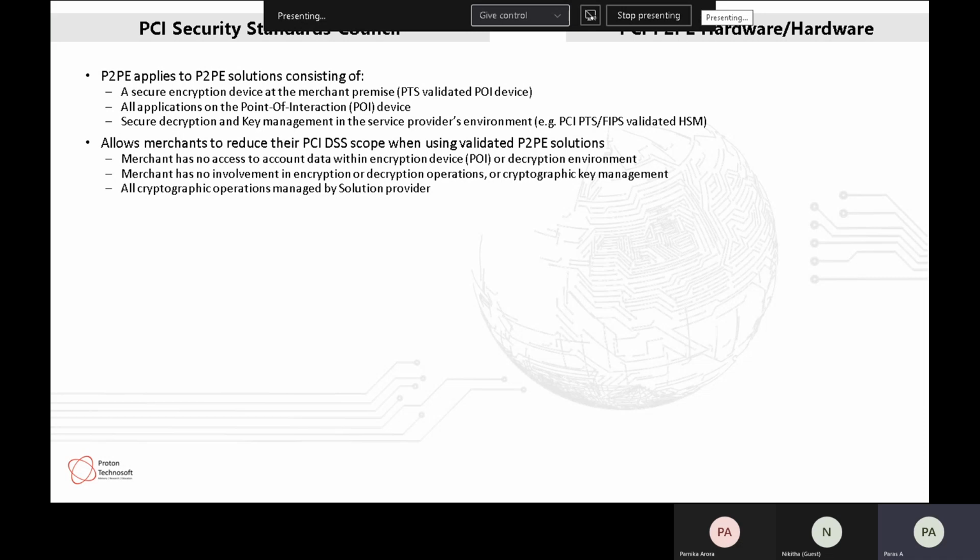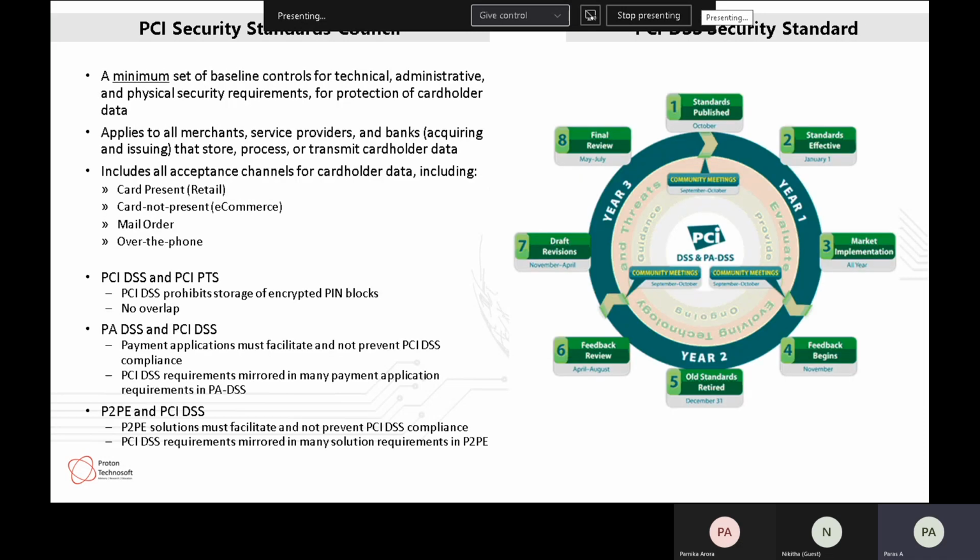And then comes the PCI DSS security standard. Now, I talked about the maintenance of the standard as well. So for all the standards, they have a 3-year cycle. In the first year, every October, at the start of, let's say, the first year cycle, they will release the draft, or they will release the standard into the public domain.